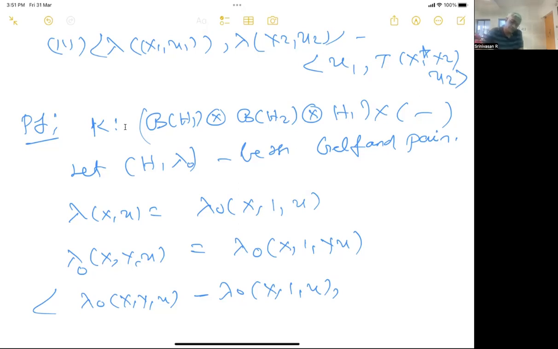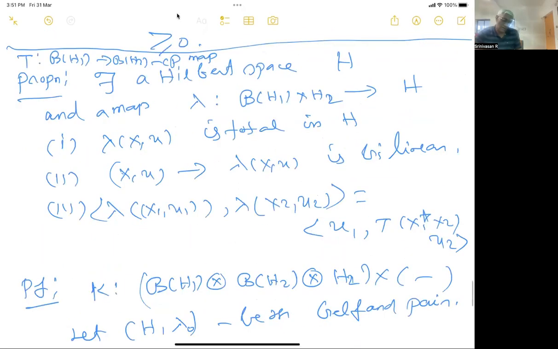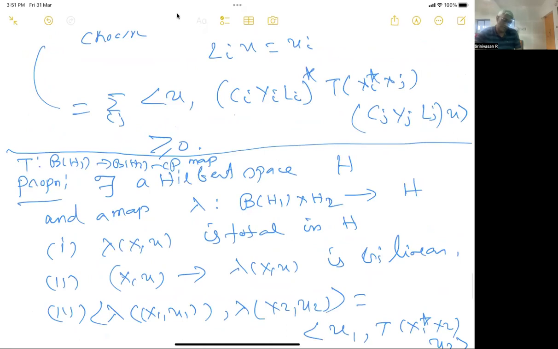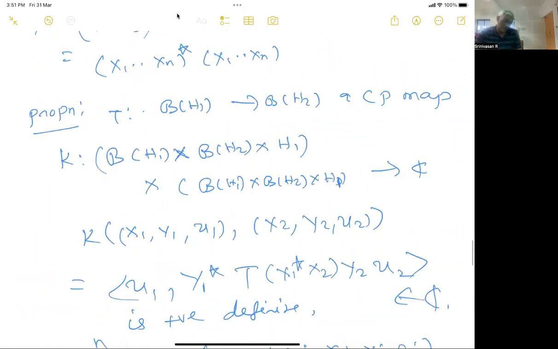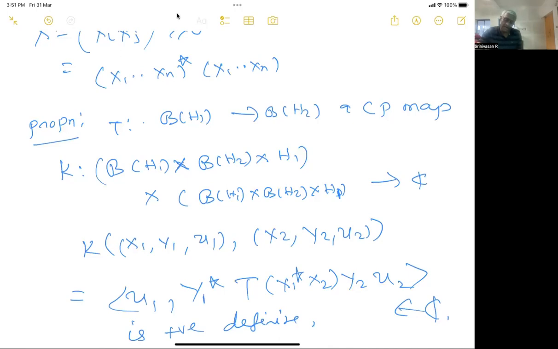When there is the inner product, the original one is B of H1 tensor B of H2 tensor H1. Here it is H2. In Y1u, there also it is H2, because we are acting Y on that.